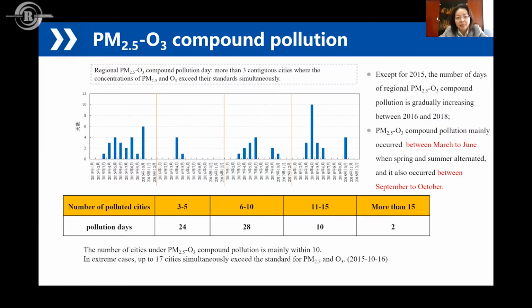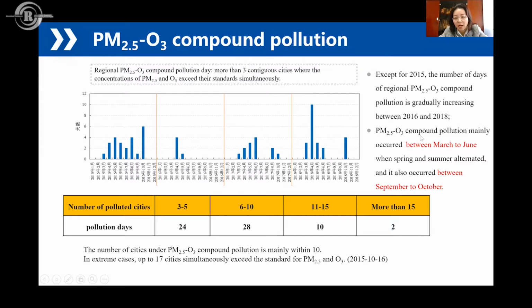Another key characteristic of ozone pollution in the Yangtze River Delta, which we pay much attention to, is that more and more ozone occurrences happen together with PM2.5 pollution.